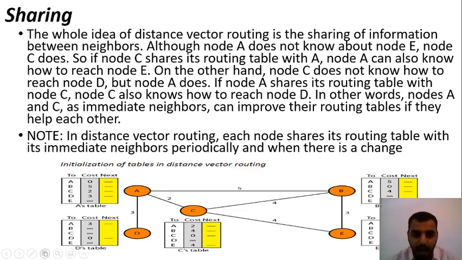For instance, another router is connected somewhere over here, only to B. Then this router table will share the information with the neighbors, so that the extra router added later on can communicate with other routers or nodes.